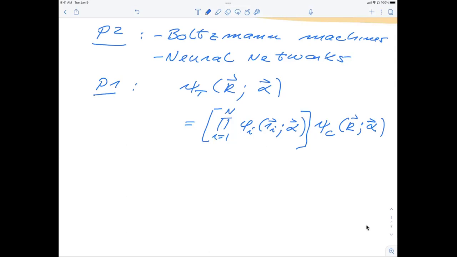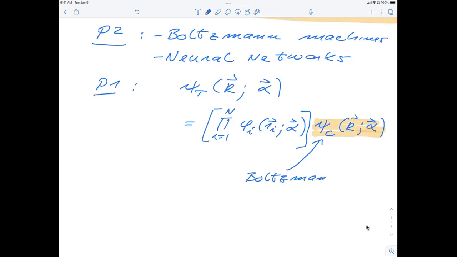So this piece which you see here, which we are highlighting here, this is actually the difficult part normally. So what we are going to do now is to replace that one. Instead of using a fixed function, which we had in project number one, we are going to replace this one either with a Boltzmann machine.